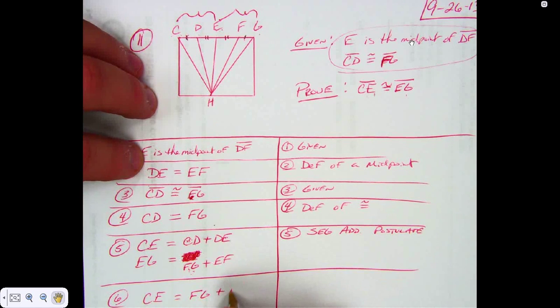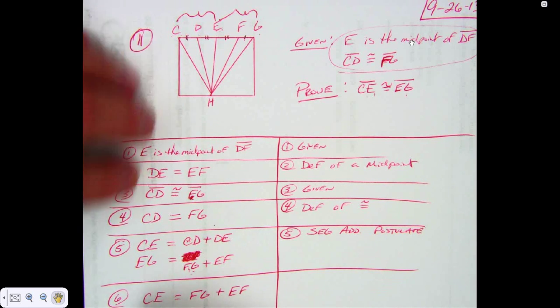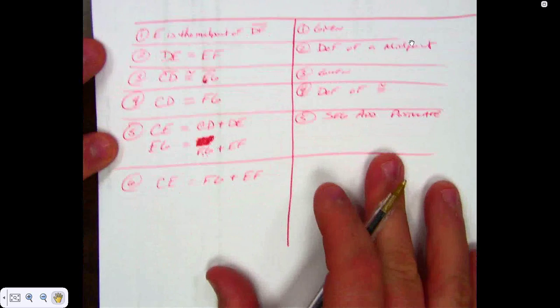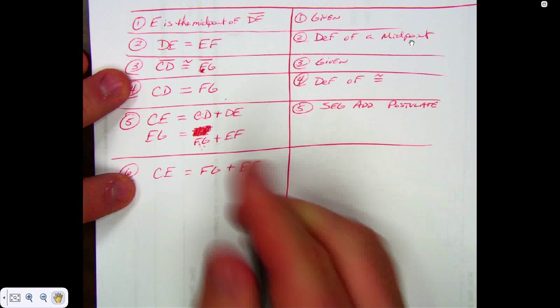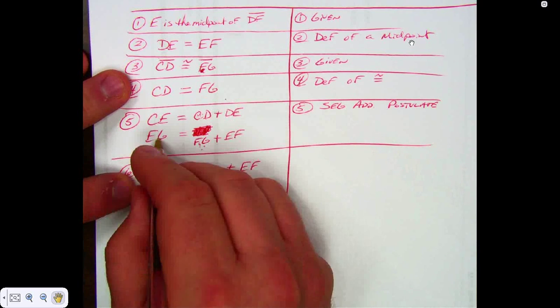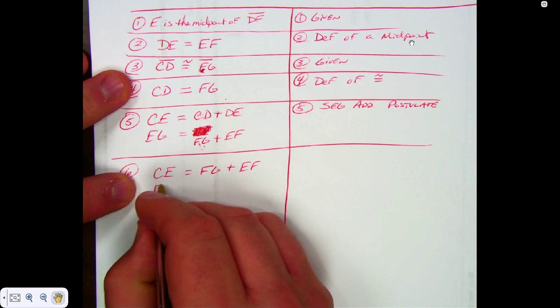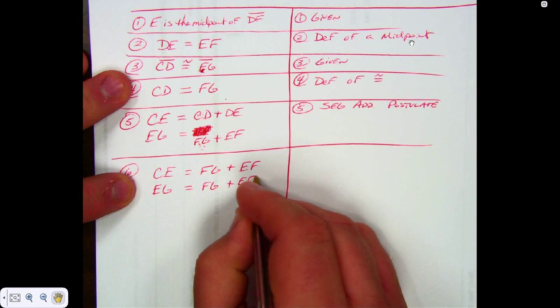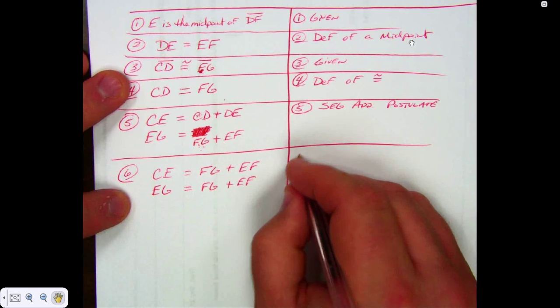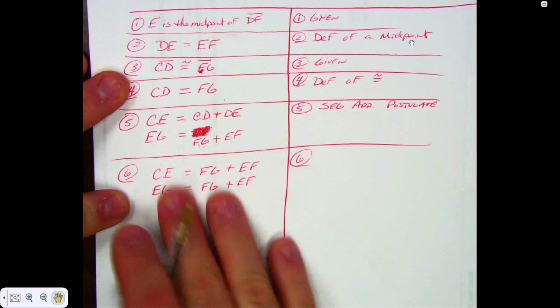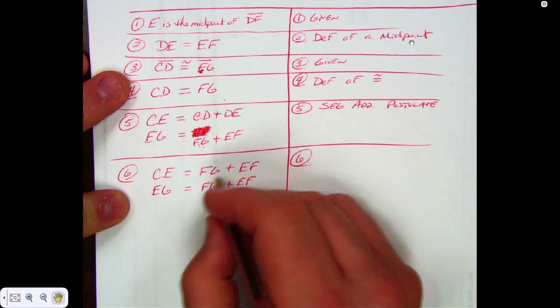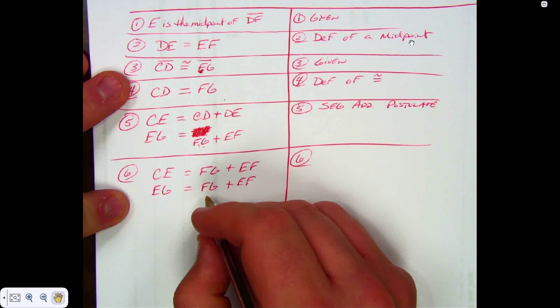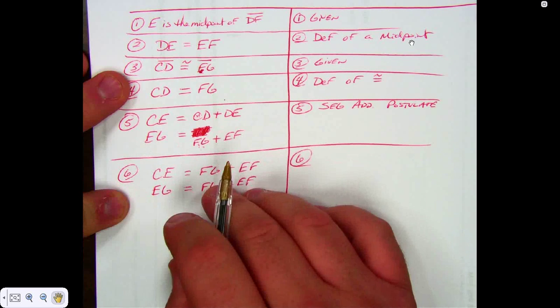EF. And if it helps you, we could write, not change this, EG is equal to FG plus EF. I sometimes think this is easier, even though you don't have to write the second part down, it helps you see why you're doing it, doesn't it?